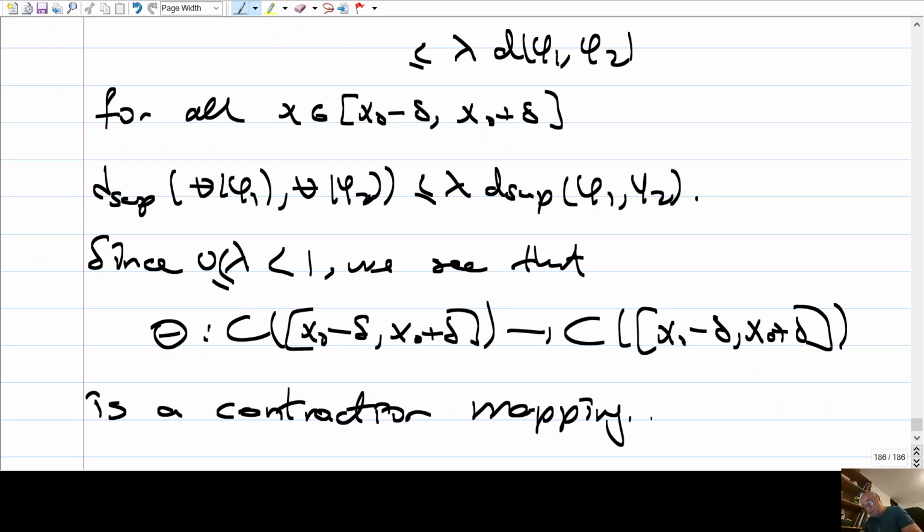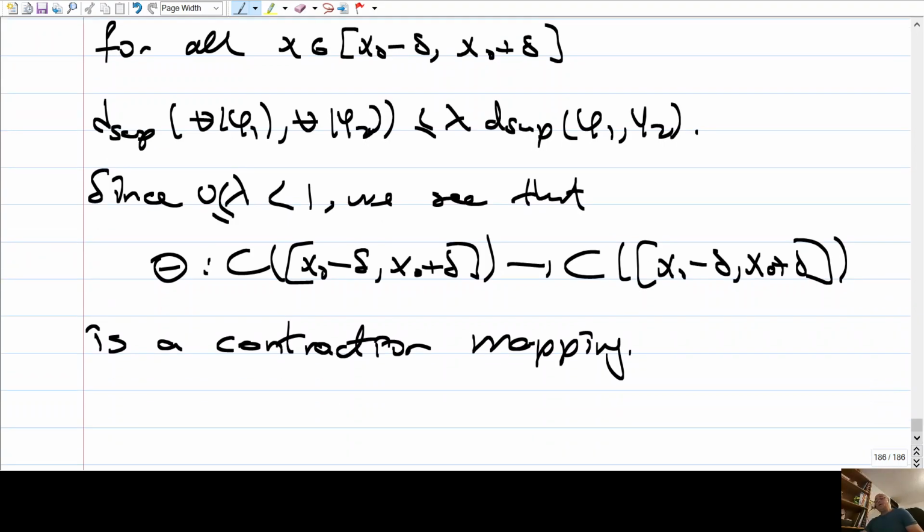Okay, contraction mapping. This is a complete metric space, and I have a contraction mapping. Therefore, theta must have a fixed point.